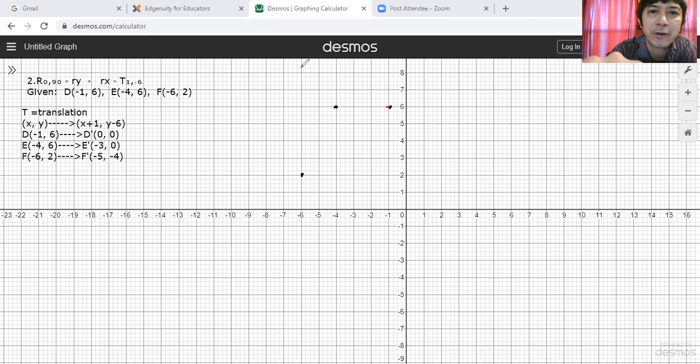Let's connect. This will be the first side, second side, third side. There. Negative 1, 6, negative 4, 6, and negative 6, 2.